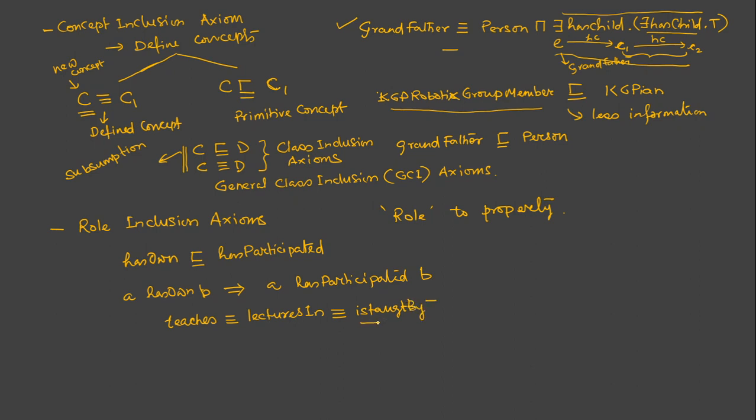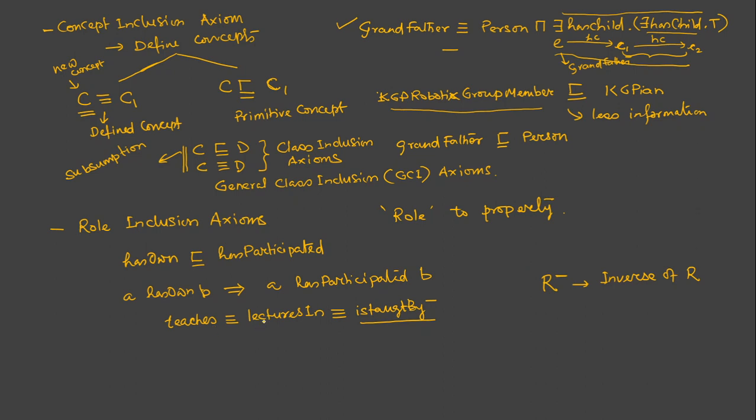Whenever we have a role name R and we put a minus sign as superscript of R, that means the inverse of R, right? So we can make two properties to be equivalent.